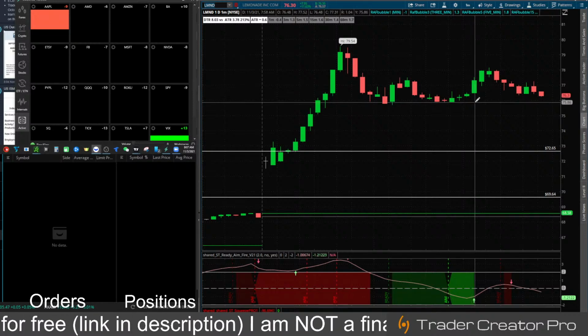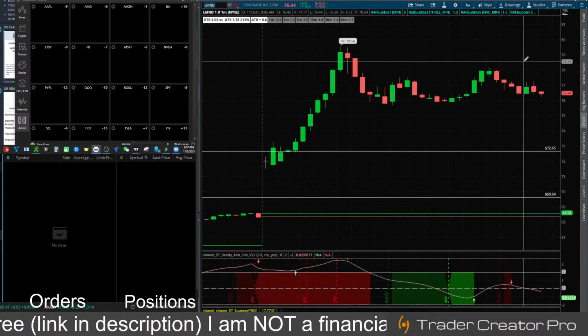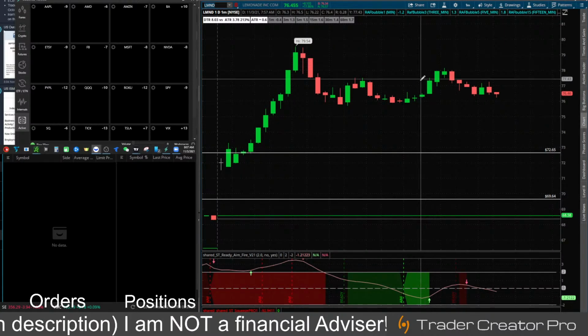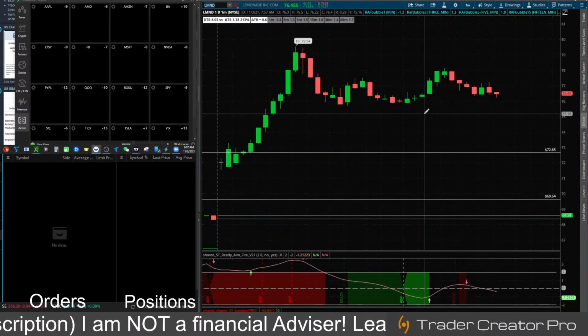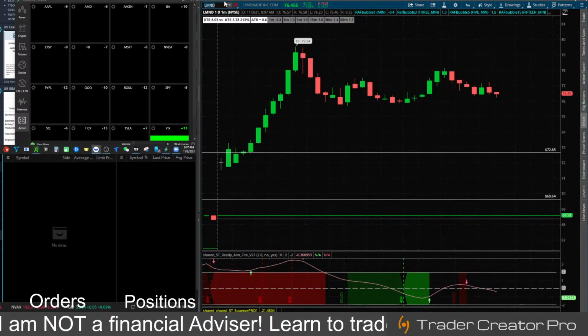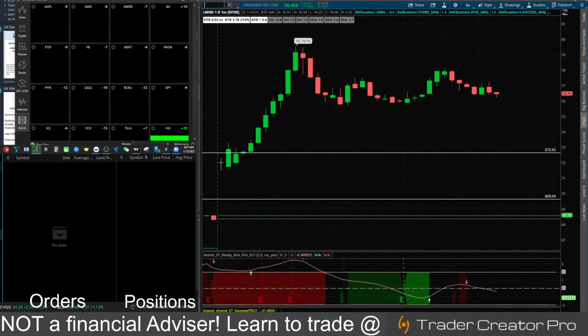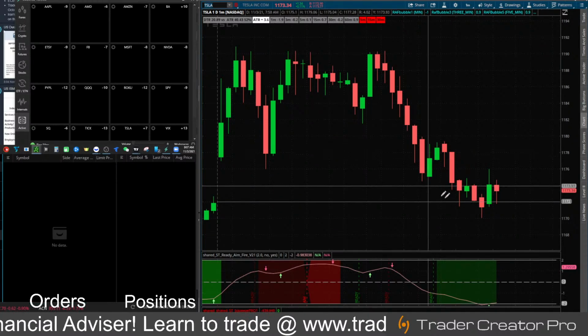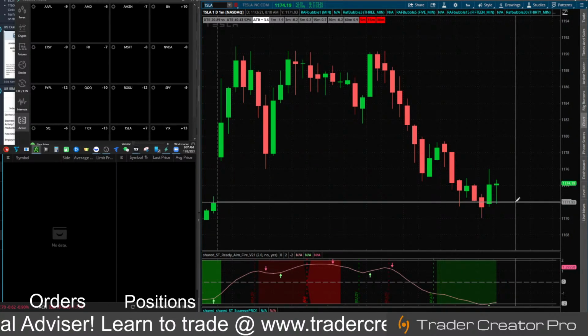I mean, as long as we're making higher lows here on Lemonade, there's still a chance of the big breakout, the big move. Tesla is oversold on a 1 minute, going into that 1172.